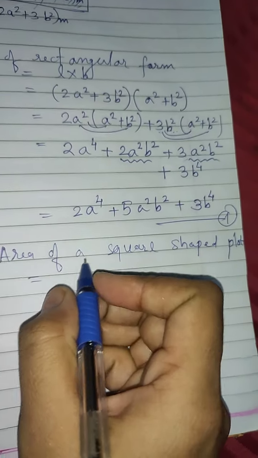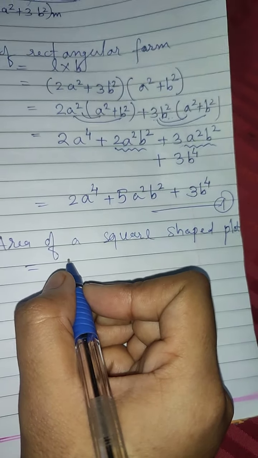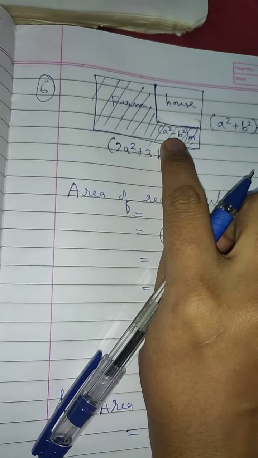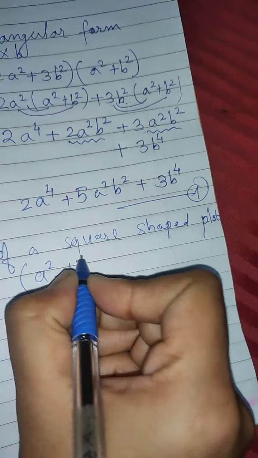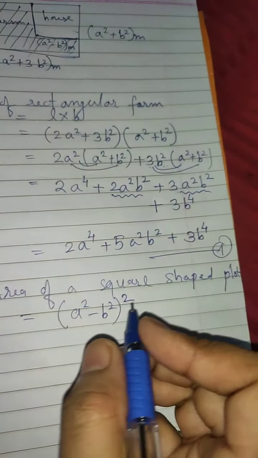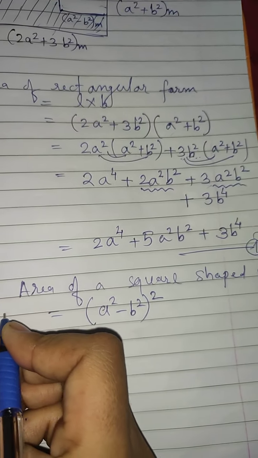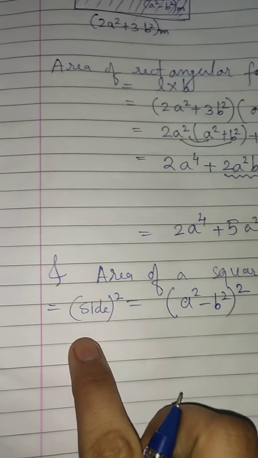What is the area of a square? Area of square is side into side, or side square. Side square means, the side is given as a square minus b square. So (a square minus b square) whole square, because this formula is side square. Okay, this is the formula.